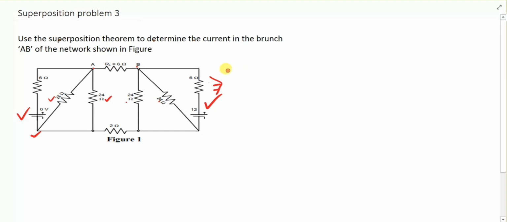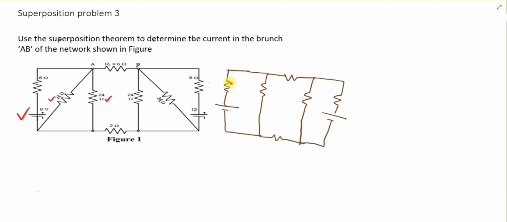So in the given circuit, this 24 will merge into a single resistor, and you can replace it, so this is how your circuit will be. It is already 6 ohm and this one is 6 volt.